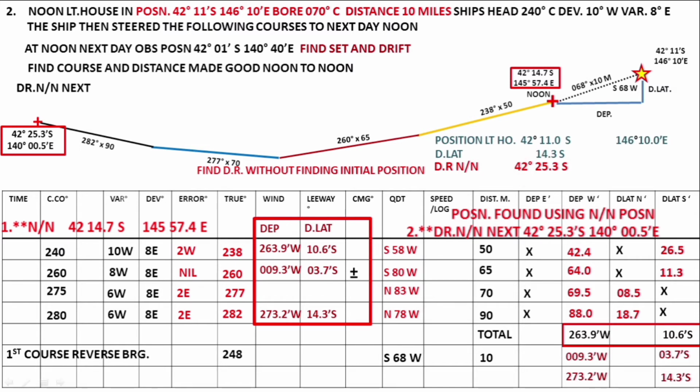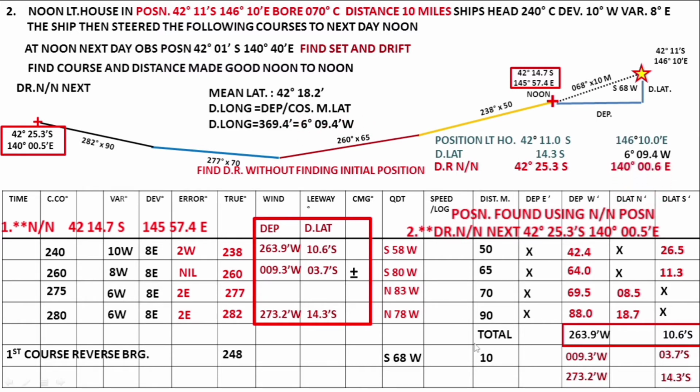Now in the conventional way of finding out your mean lat, converting your departure into D long, here your departure is 273.2. I convert it into D long and I get 6 degrees 09.4. And I apply this here, and that is my position for noon next day.